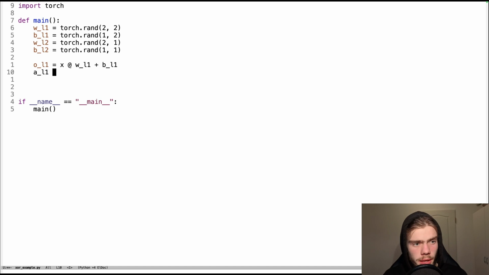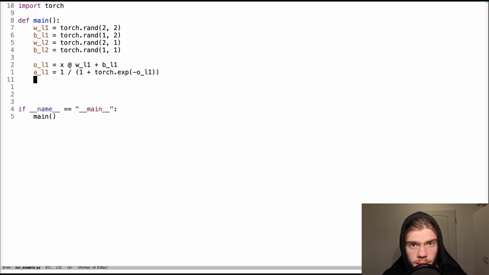Next up is the activation of layer 1, and that is the sigmoid function, which is defined by 1 over 1 plus, and now we need e to the power of negative x. Torch has a function for that, that is exp, and we can provide the negative output of layer 1. This is the sigmoid function.